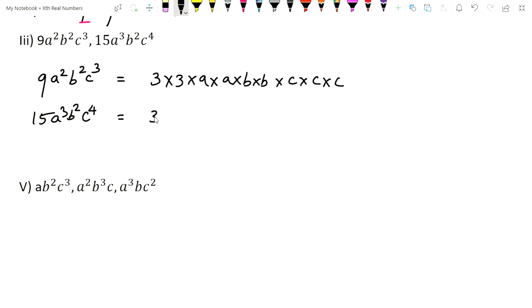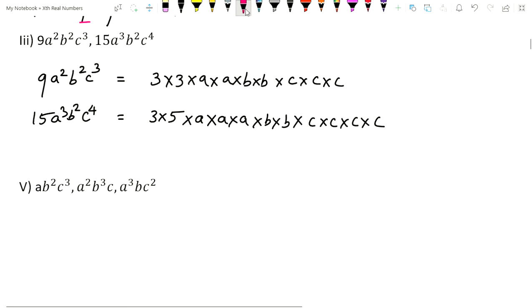Next 15a cube b square c power 4. How can you split 15, children? 3 into 5. Into a cube, a into a into a, b square, b into b, and c power 4, c into c into c into c.